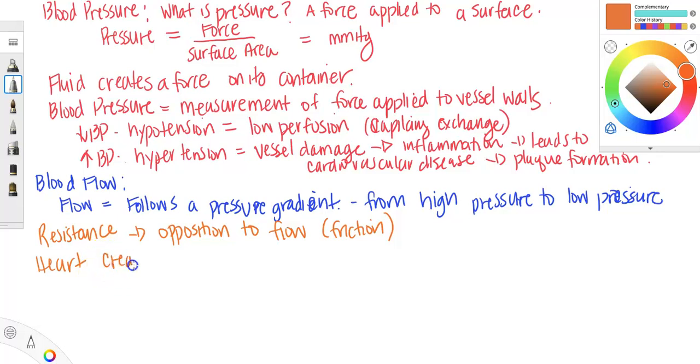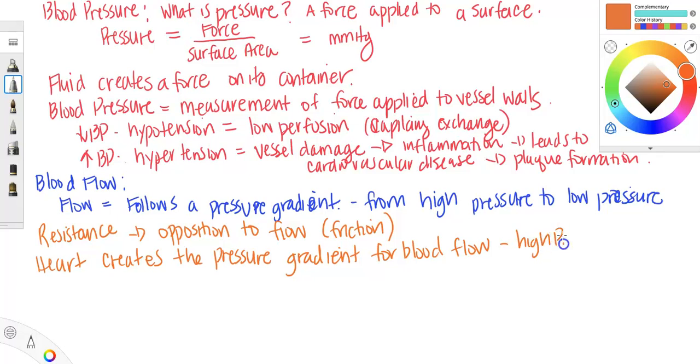So it's the heart that creates the pressure gradient for blood flow. And remember, it's high pressure to low pressure.